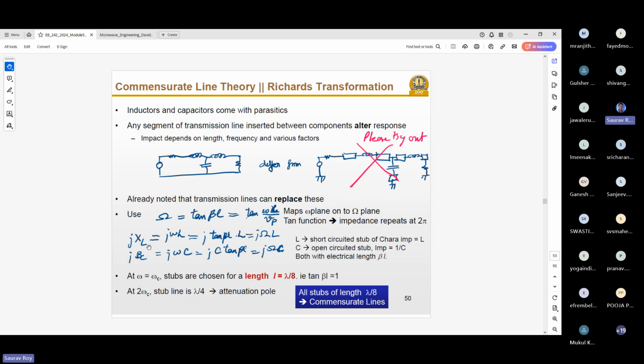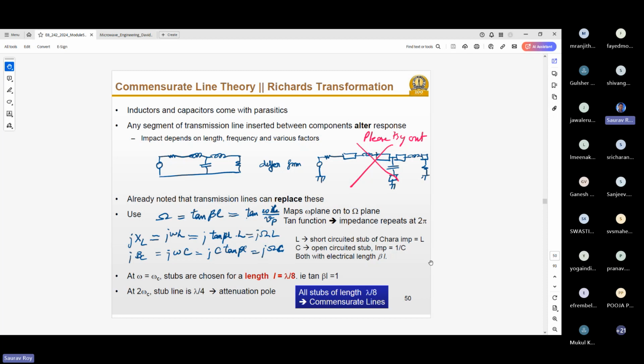XL is the impedance for an inductor, which is j omega L. And this omega you replace with tan beta L, then you get j capital omega L. Similarly, jBC. BC is the admittance you get for a capacitance, also called susceptance. That is j omega C, which is nothing but jC tan beta L. Finally, you get both of them, j capital omega L and j capital omega C.